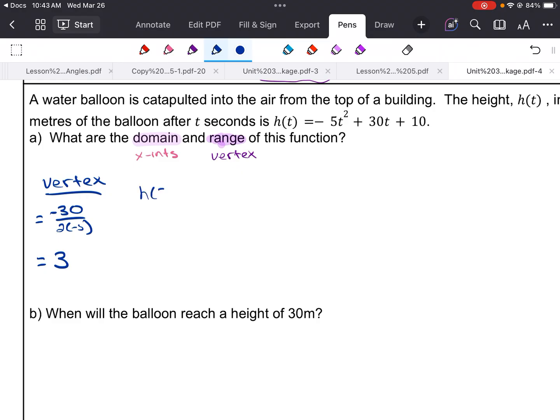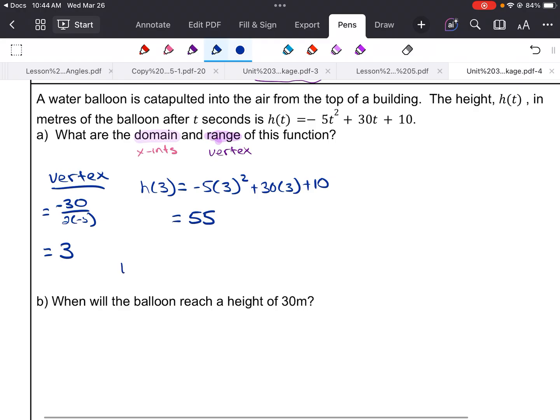Then we plug that 3 into the equation to get our maximum height, and it works out to be 55 meters. So the vertex is (3, 55).